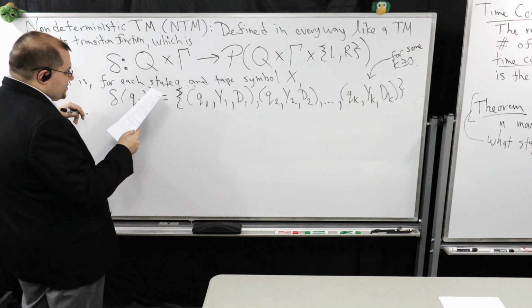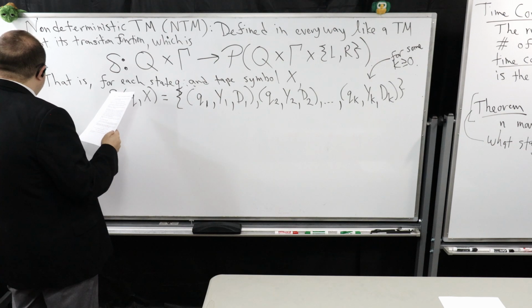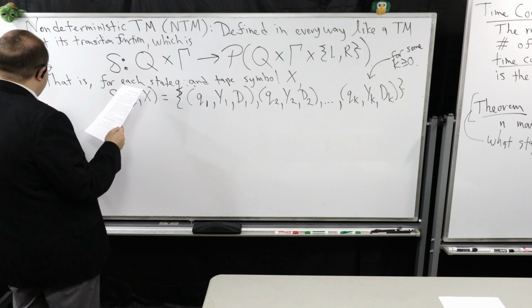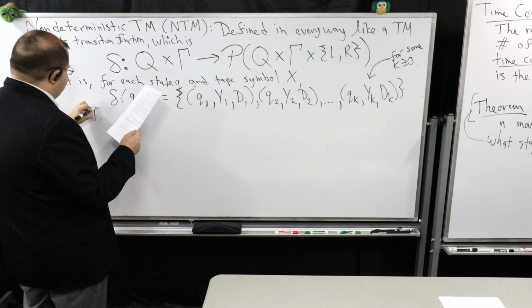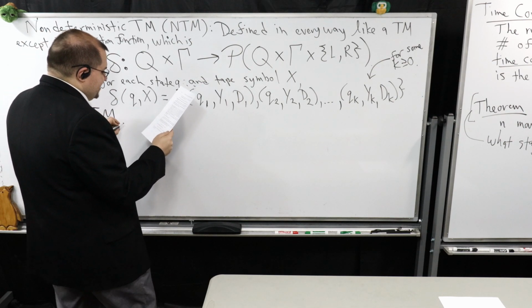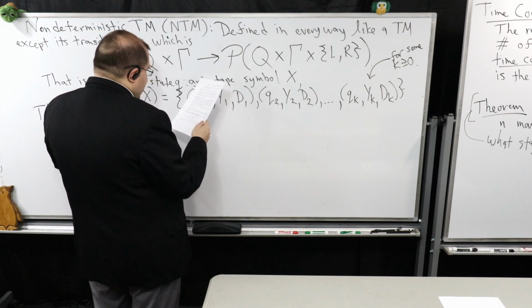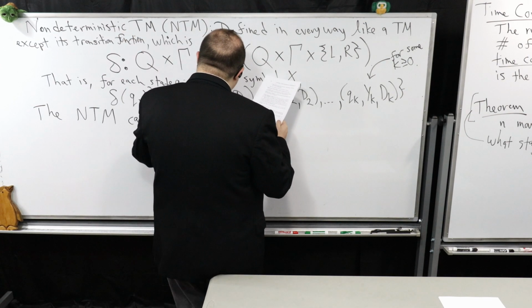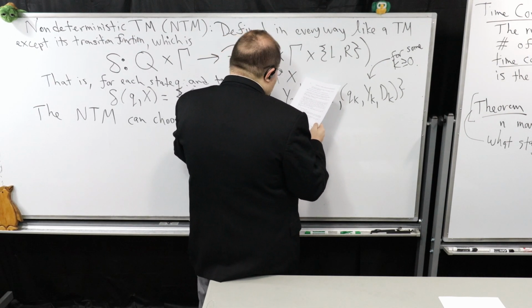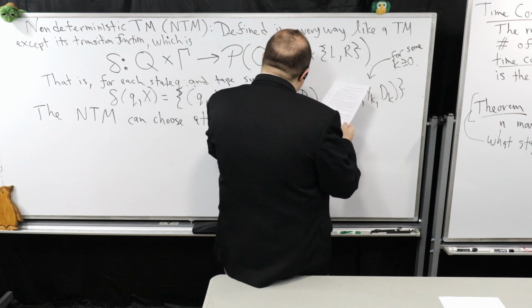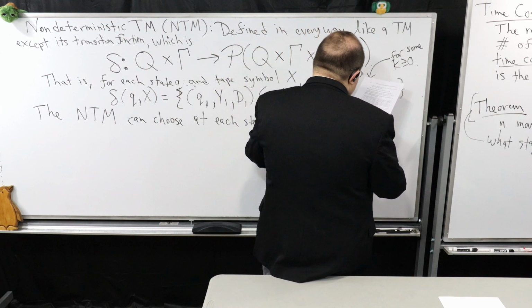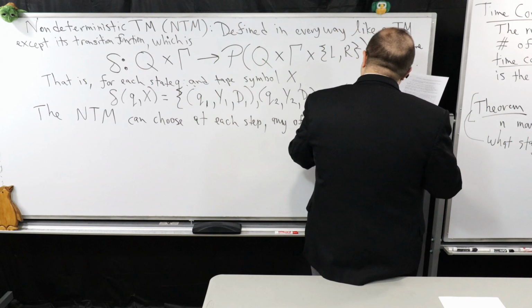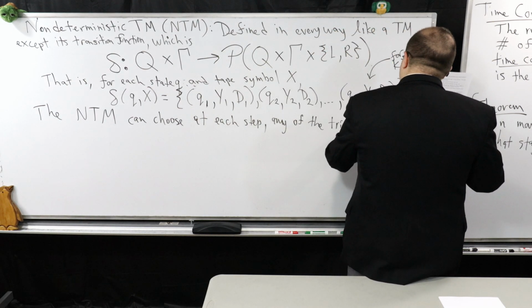So you might ask, okay, what does that actually mean for us? Now this is where the magic of clairvoyance sort of kicks in. The non-deterministic Turing machine can choose at each step any of the triples for the next move.